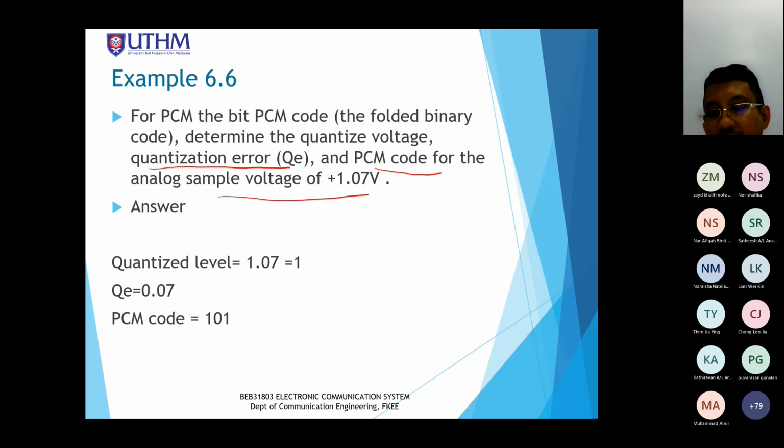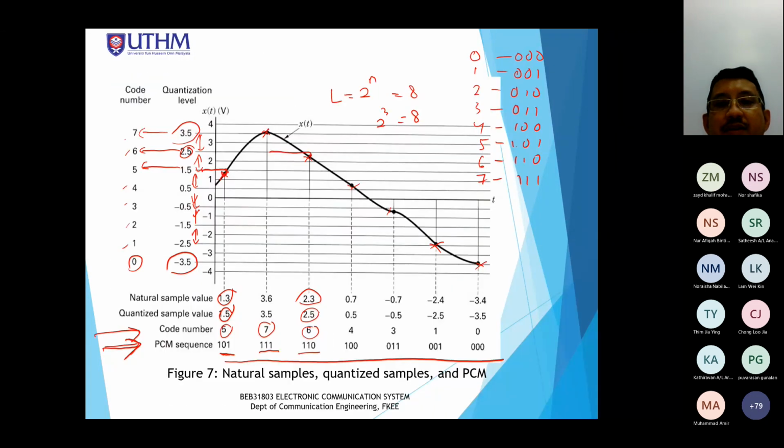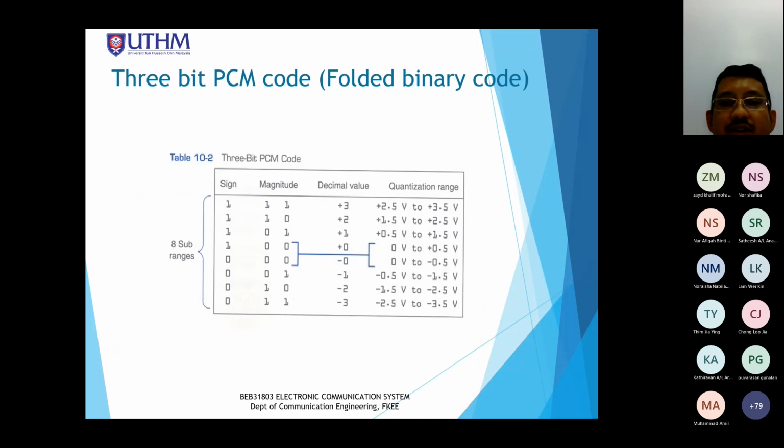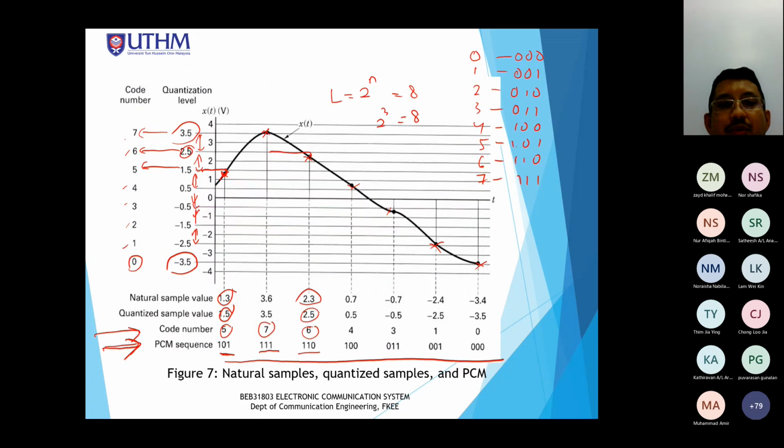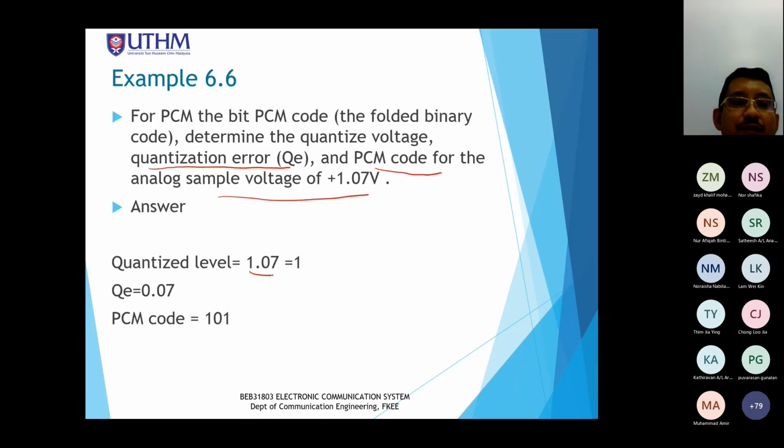The sample voltage is 1.07, somewhere here. We rounded it to the nearest quantized voltage, which is positive 1 volt.